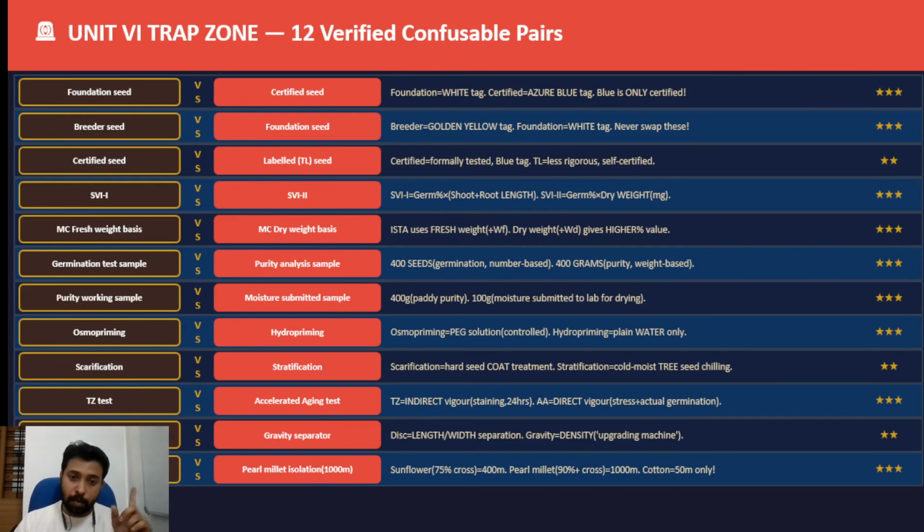In addition, we also discussed the viability test and the vigor test difference, which are the direct and indirect tests. Then sampling, moisture level and the quantity of seeds and the moisture percentage, you should not be confused. Osmo priming and hydro priming difference we have already discussed.